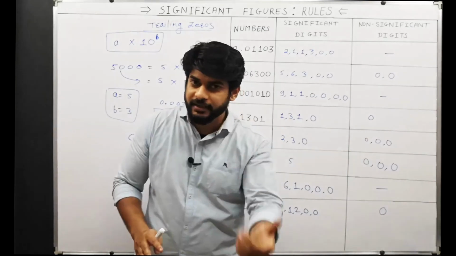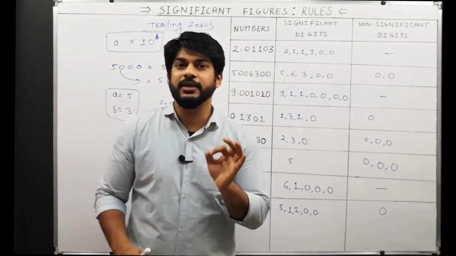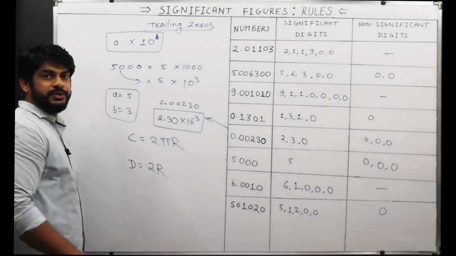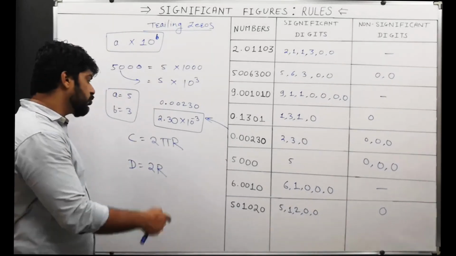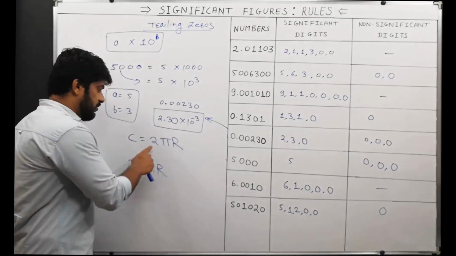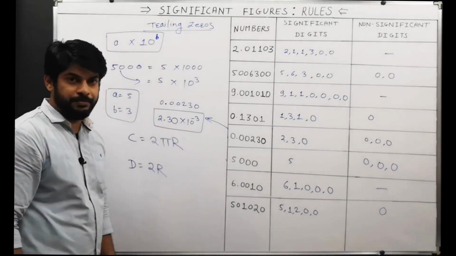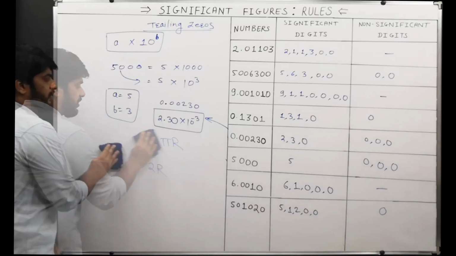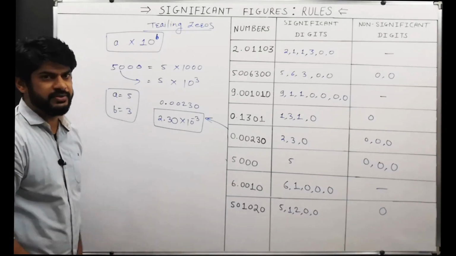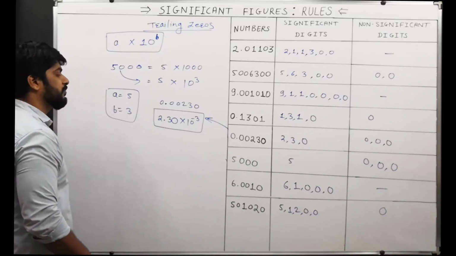Now you might ask why. Yes, there is a reason for that also. Let's understand the reason behind this. Why do we consider infinite significant figures for this exact number? It's very simple. Take the radius and the diameter.